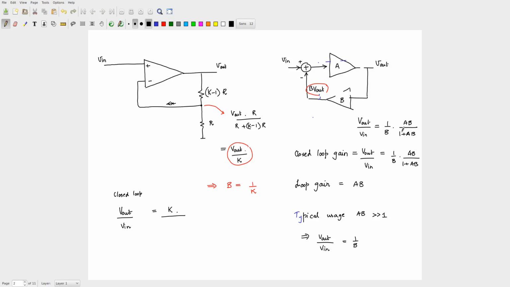So I'll get K divided by 1 plus 1 by AB. I have in general that this block has a dependence A of S, and the return block is just B. So V out by V in is K divided by 1 plus K by A of S.